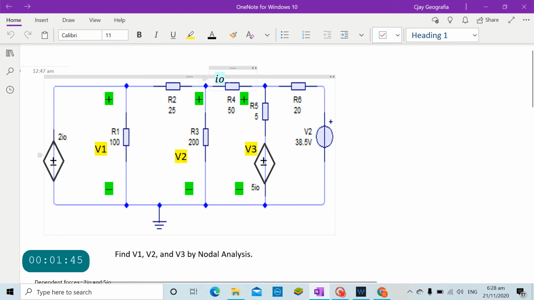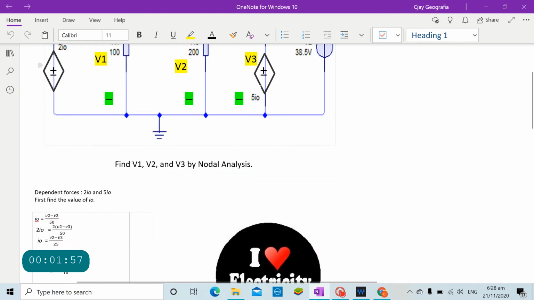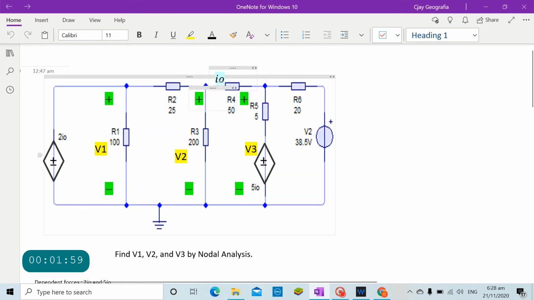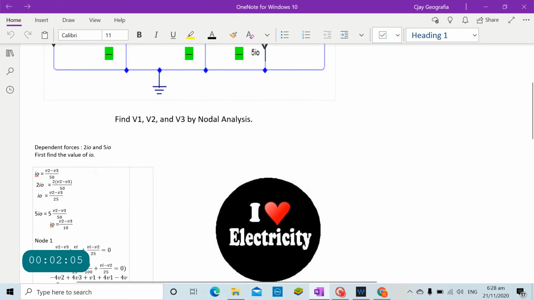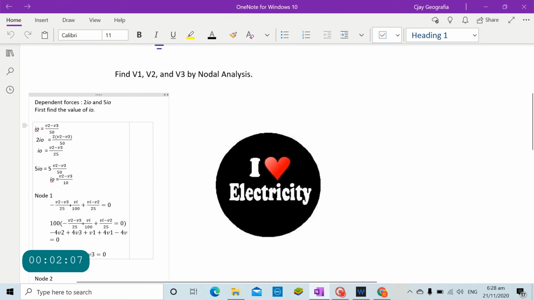The IO is given here, which means between node V3 and V2 the IO exists. Therefore, V2 minus V3 is equal to IO, and the resistance there is 50. So again, we put it here.